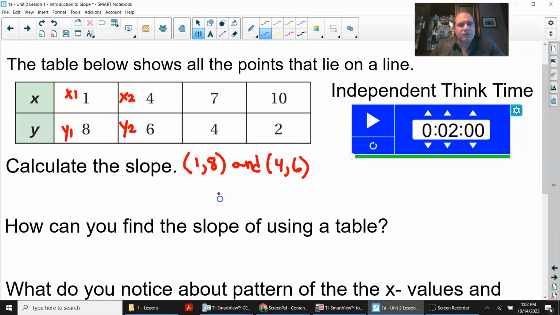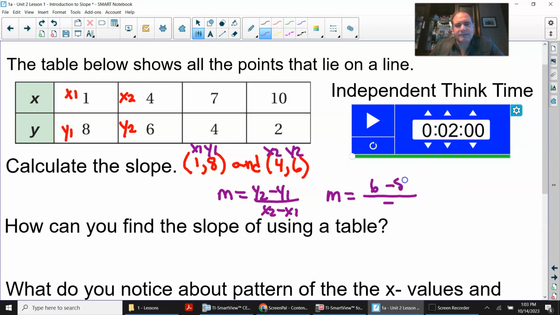All right. So m is y2 minus y1 over x2 minus x1. So it's nice and easy because there are no negatives. Y2, I have 6 labeled. So this is my x1, this is my y1, this is my x2, this is my y2. My 6 minus 8, and then 4 minus 1.